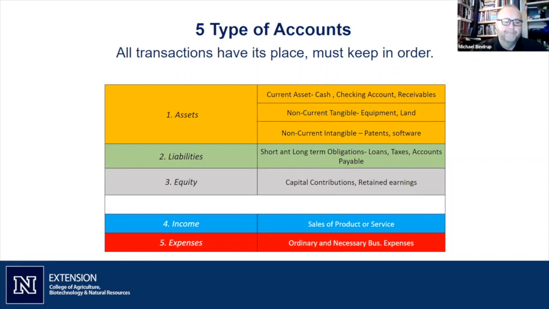Liabilities: taxes, accounts payable, your general utilities, or the sales taxes or payroll taxes, things like that. Equity is the capital contributions or retained earnings. So whatever money you put into the business is called a contribution, which belongs to equity.